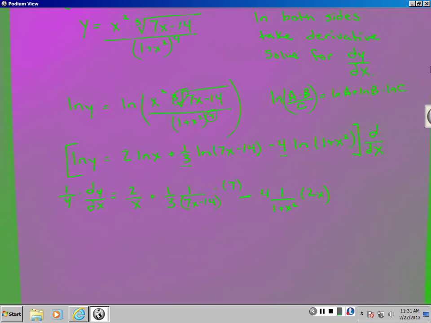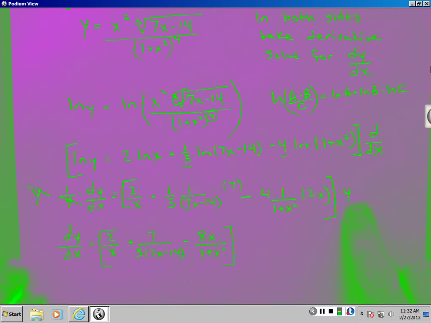That's the form, right? So now I'm not done because I want to solve for dy dx. So to get rid of this y, I need to multiply this side by y. So if I multiply the left-hand side by y, I multiply the right-hand side by y. Do you guys see that? So now I have dy dx by itself. I have 2 over x plus 7 over 3 times 7x minus 14 minus 8x over 1 plus x squared, all multiplied by y.